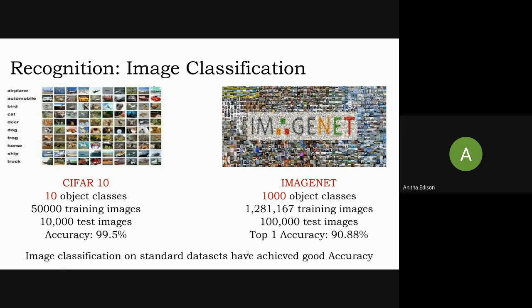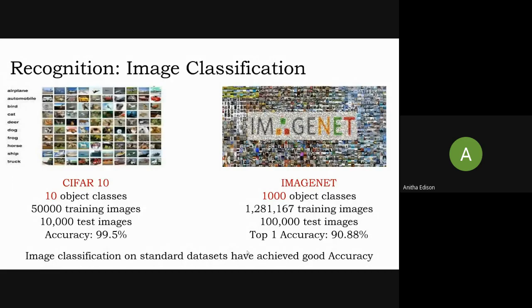Earlier this was done using 10 object classes: aeroplane, automobile, bird, cat, deer, dog, frog, horse, ship, and truck. For each object class there were 5,000 training images. A model was trained on these and tested on 10,000 test images, containing 1,000 images of each category.